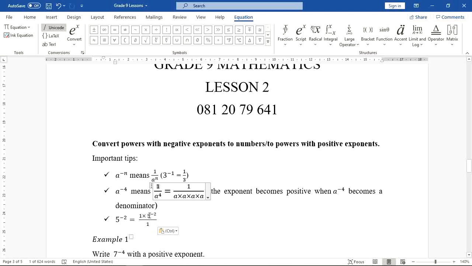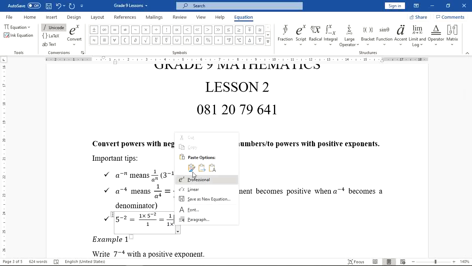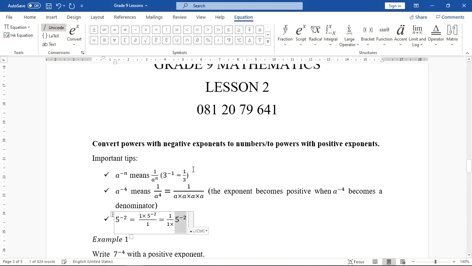Now this should become a denominator, and once it becomes a denominator, the exponent is going to be positive. So again, a fraction: we only have 1 on top, and down here we have 1 multiplied by 5 exponent 2.